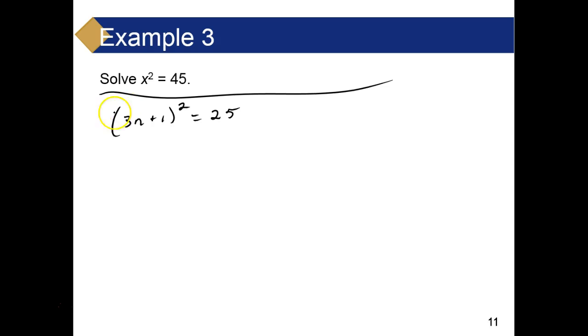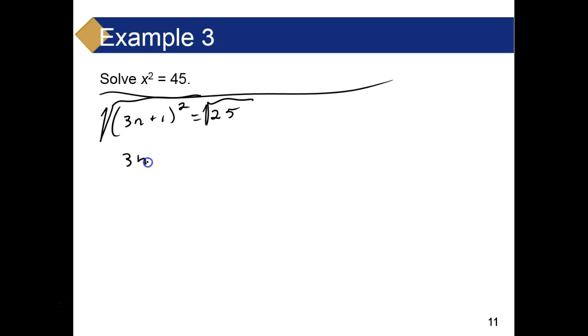And what's the square root of that one and the square root of this one? What's the square root of (3n + 1) squared? What does the square root do? It undoes the square. So what do we have left?